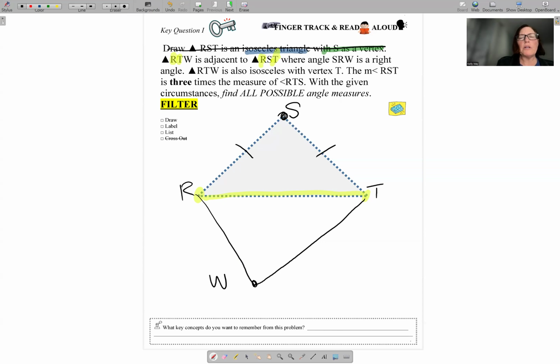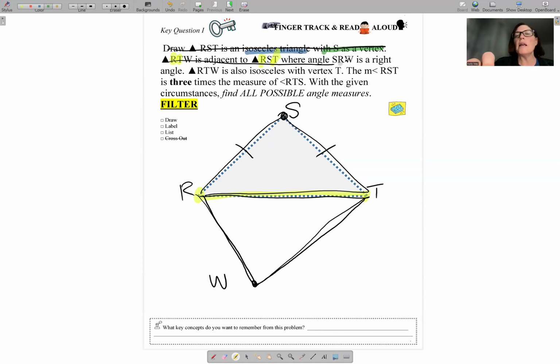So RTW and RST are adjacent, where SRW is a right angle.